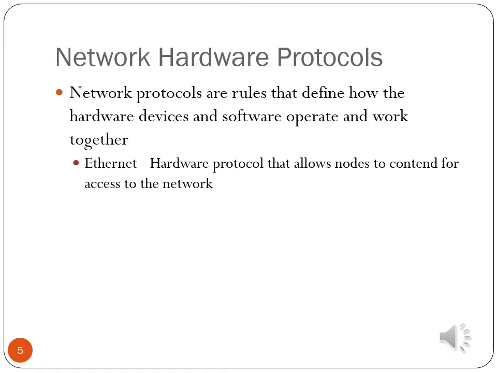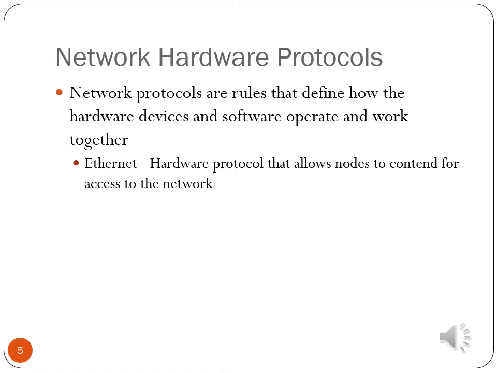The hardware protocol that is most common today is a protocol called Ethernet. I know a lot of you have probably already heard of Ethernet and said, well, what is Ethernet? Ethernet is a type of network. It's a set of protocols that control how all the hardware in a local area network works together.